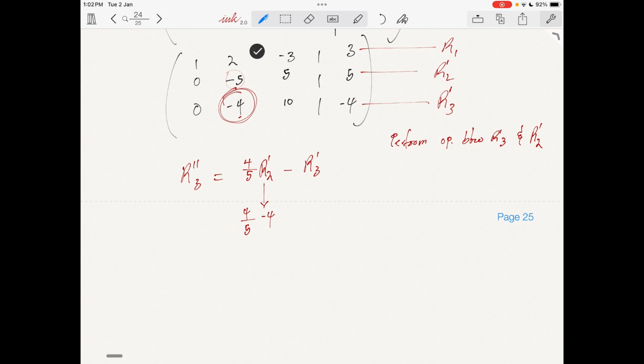So that when this one is minus 5 and this one is minus 4, my answer will be 0, because this will give us minus 4 plus 4.